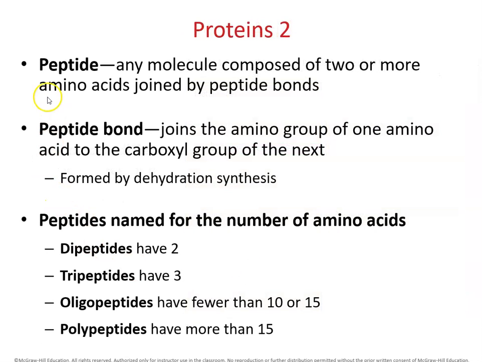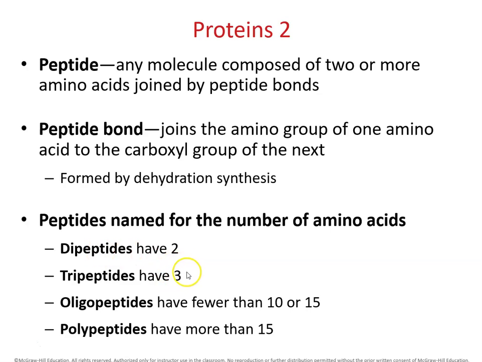So a peptide is any time two amino acids or more than two amino acids are joined together, and the specific bond that forms between amino acids is called a peptide bond. Okay, if we just have one amino acid, that's the monomer, it's just an amino acid. If we have two amino acids joined together, that's a dipeptide.